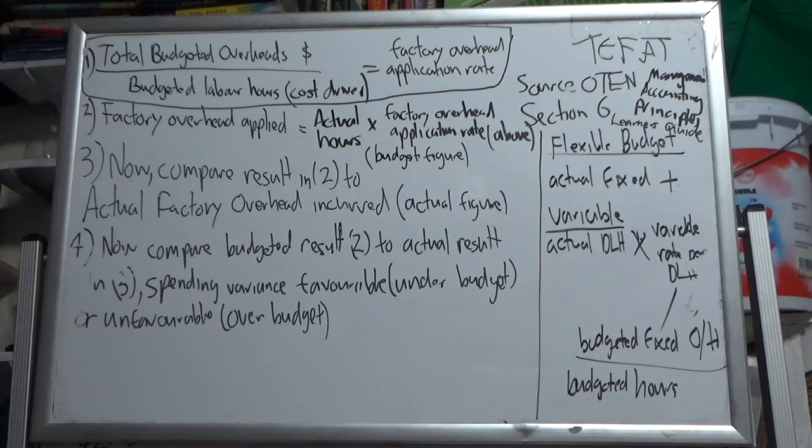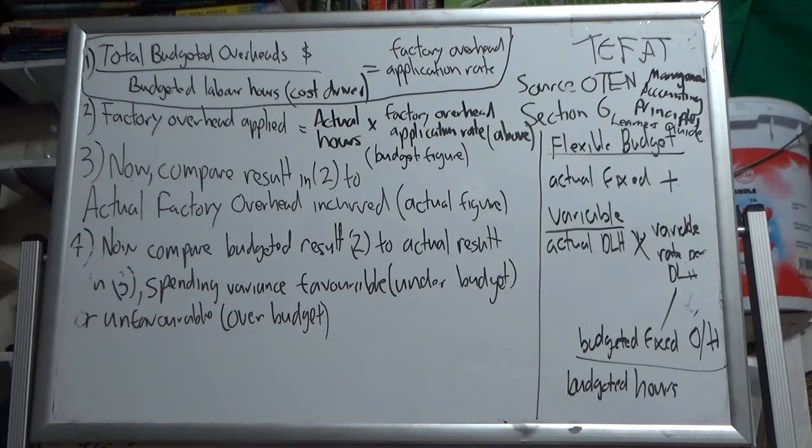That rate you multiply by actual labour hours to get total variable costs. You add up the two like you always do. Fixed plus variable gives you total costs. And now you can compare those total costs against actual factory overhead incurred, which is given in the question.